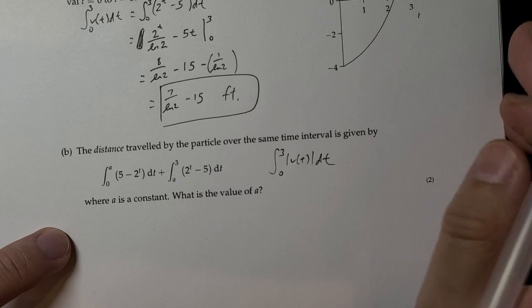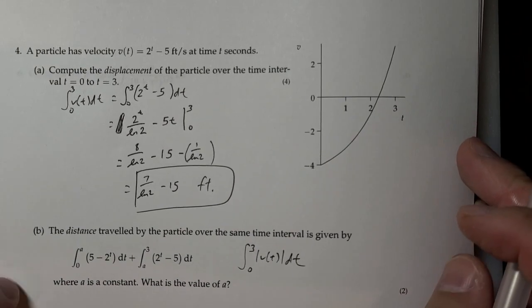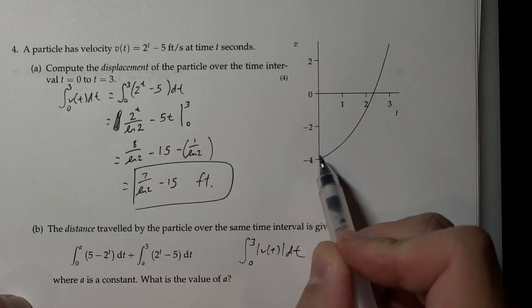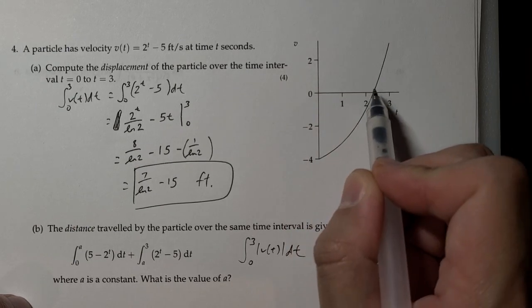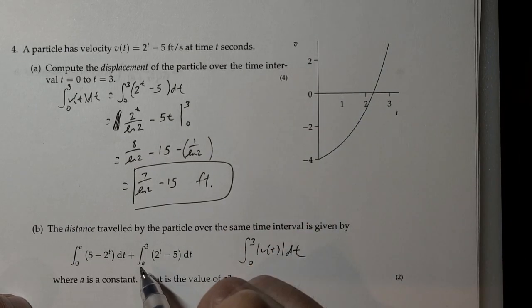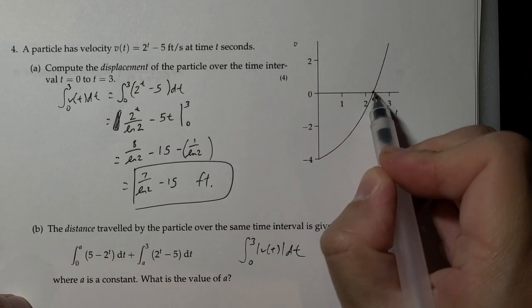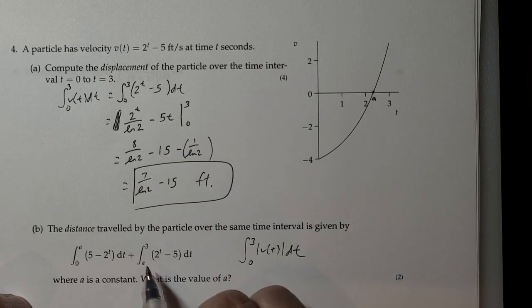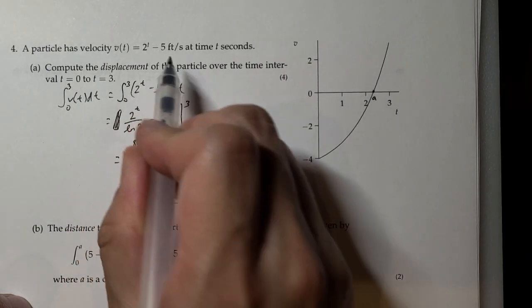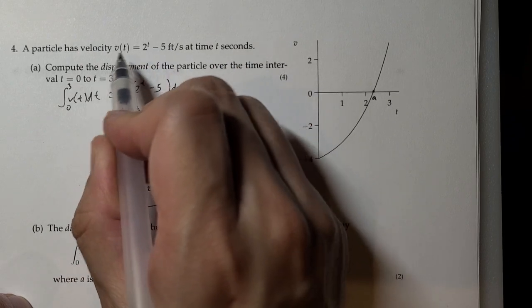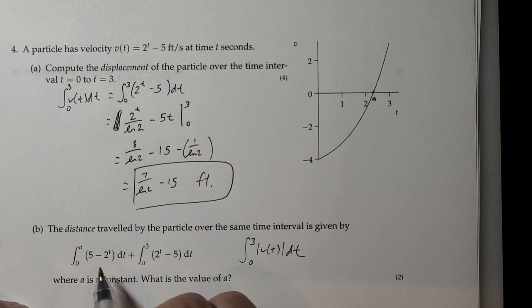They broke up the integral because they want to flip the negative portion into the positive. From a to 3 is positive, so they kept it the same, but from 0 to a, they took the minus v of t, so that's 5 minus 2 to the t.